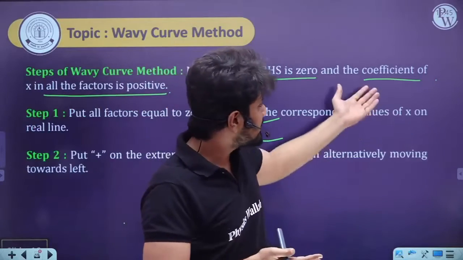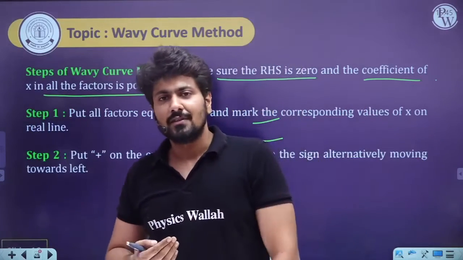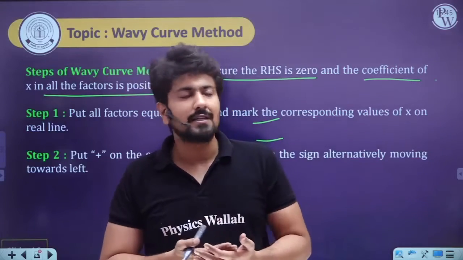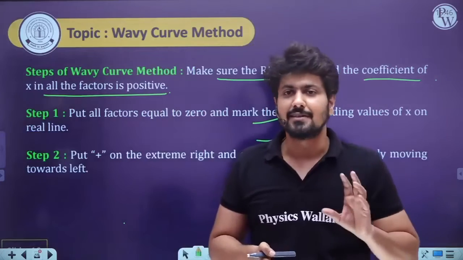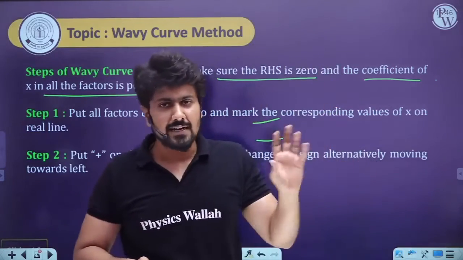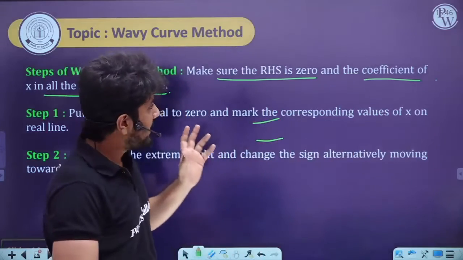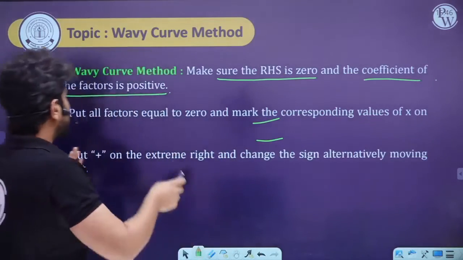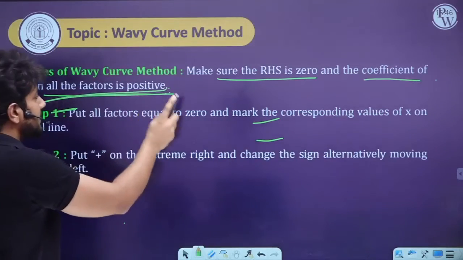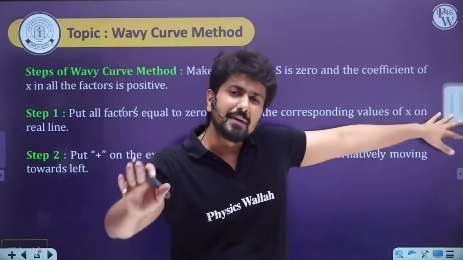So that's what they are saying, make sure the right hand side is 0. The inequality is in terms of whether it is greater than 0 or less than 0. Basically, we are only commenting about the sign. So make sure one of the sides is 0. Okay. And the coefficient of x in each of the factors is positive. Okay. Make sure that the coefficient of x in each of the factors is positive. If it is not positive, we will make it positive.